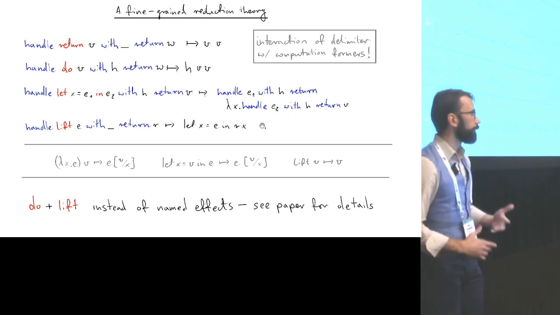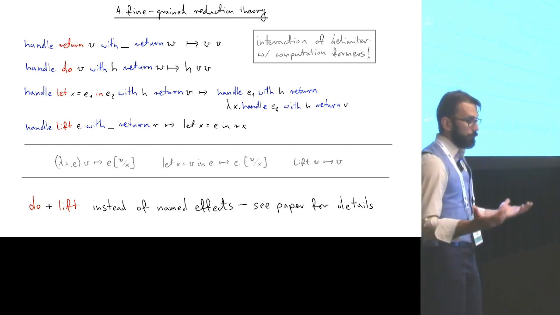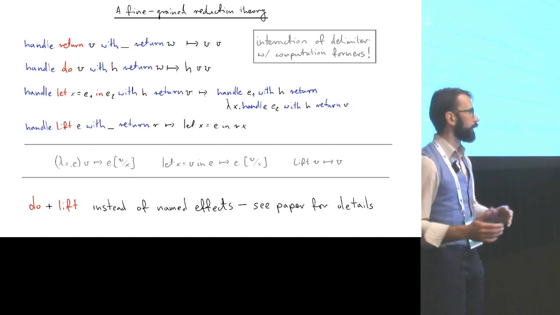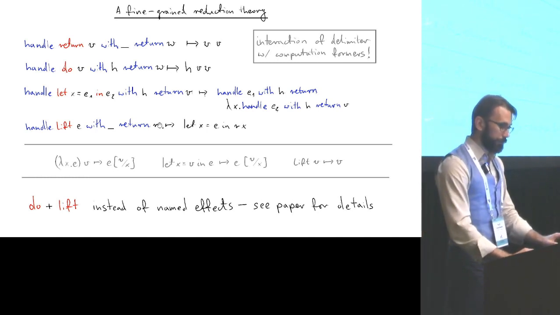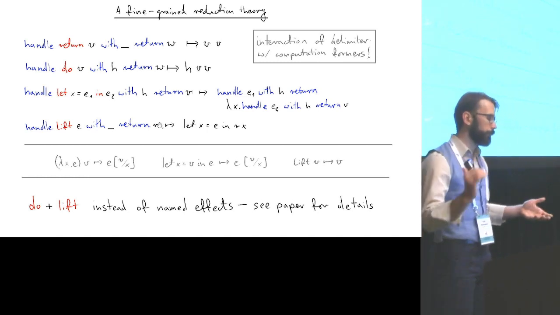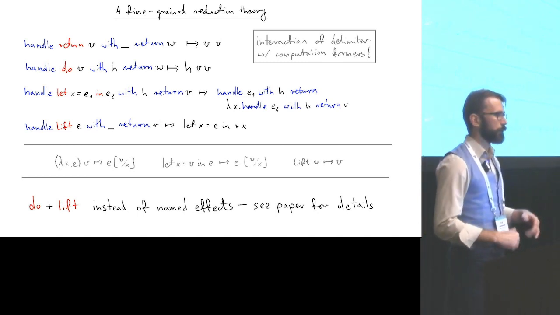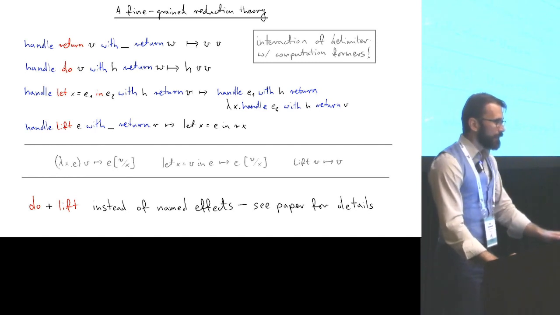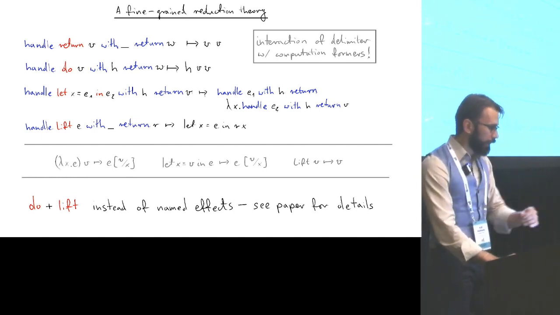And then finally, if our operation does not match the handler, well, then we simply sequence a computation, and nothing particularly interesting happens. And obviously, for the full picture, there are also some other boring reduction rules like beta reduction. Who needs that, right? So, okay, let's take a look at this set of rules.